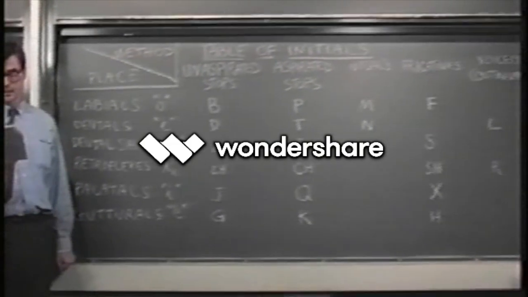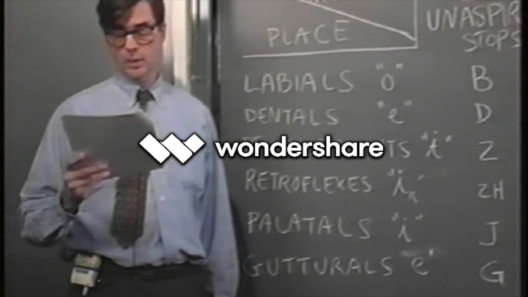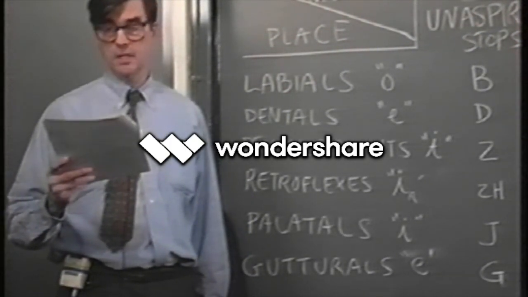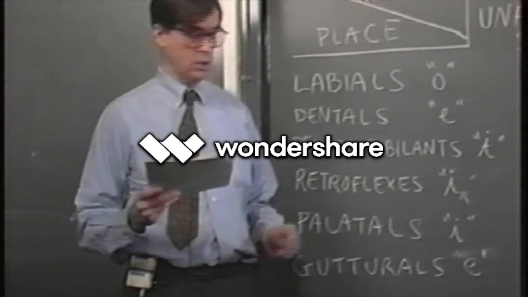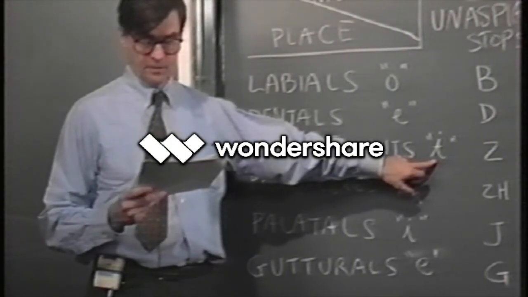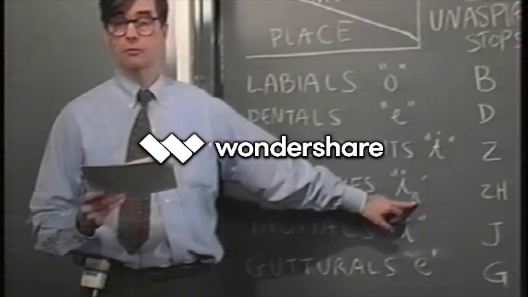On the other hand, the difference between these two types of initials is indicated at this stage of study by crossing the letter I for dental sibilants and by writing a subscript for the retroflexes.